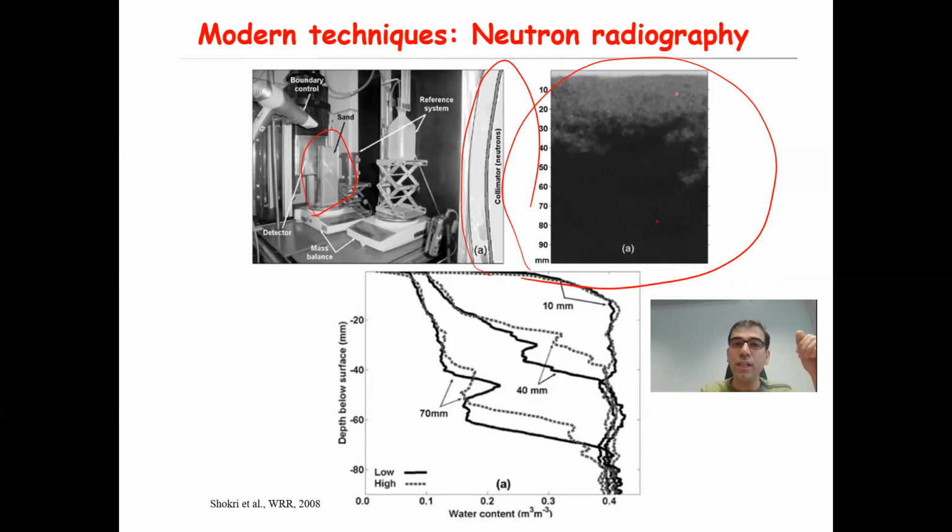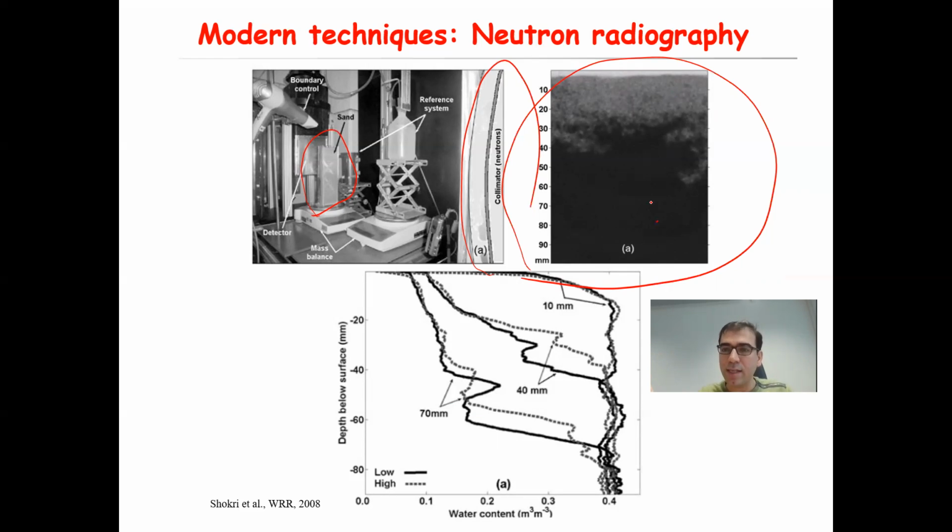In the saturated zone, since it is fully filled by water, you have more attenuation. This is a digitized image, and it has a lot of pixels.